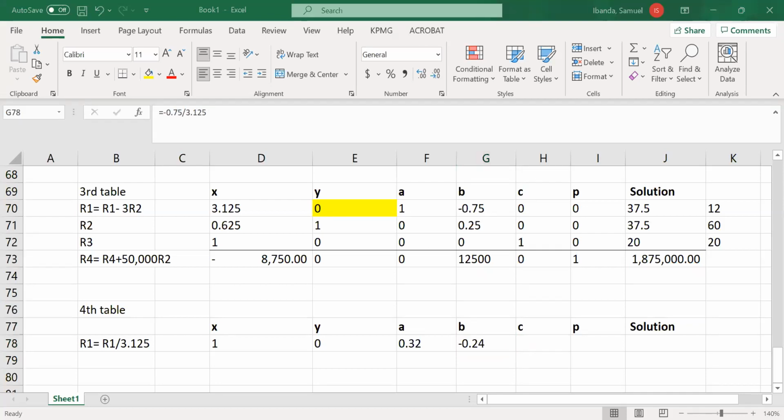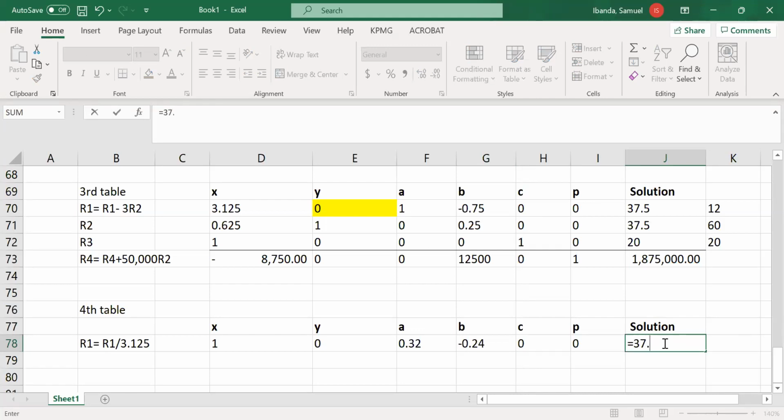That is what I get. Then when I come to C, this is 0 divided by 3.125 gives me a 0. This also gives me a 0. This also gives me, I'm going to do 37.5 divided by 3.125 gives me a 12. Okay.